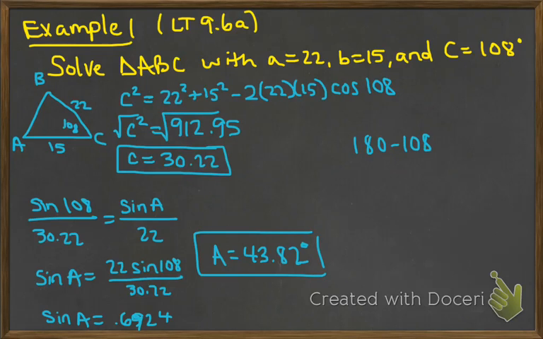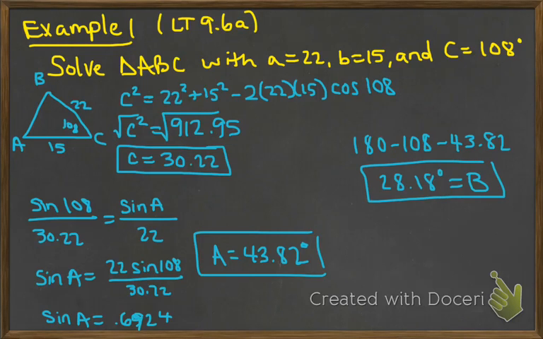So subtract off the 108 and subtract off the 43.82. When I do that, I get the amount that's remaining is 28.18. That's my degrees, and that's for my angle B that I'm missing. So there are the three pieces that I'm missing because it was asked to solve the triangle, meaning I needed to find all three pieces that were missing.